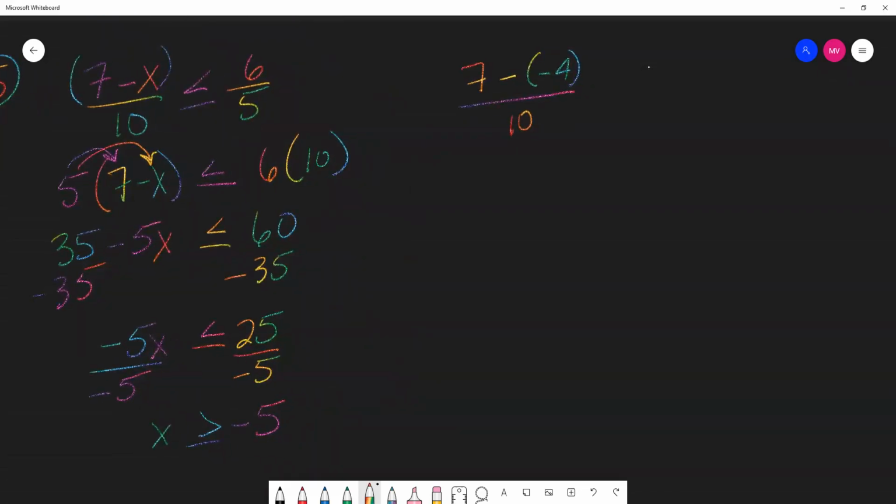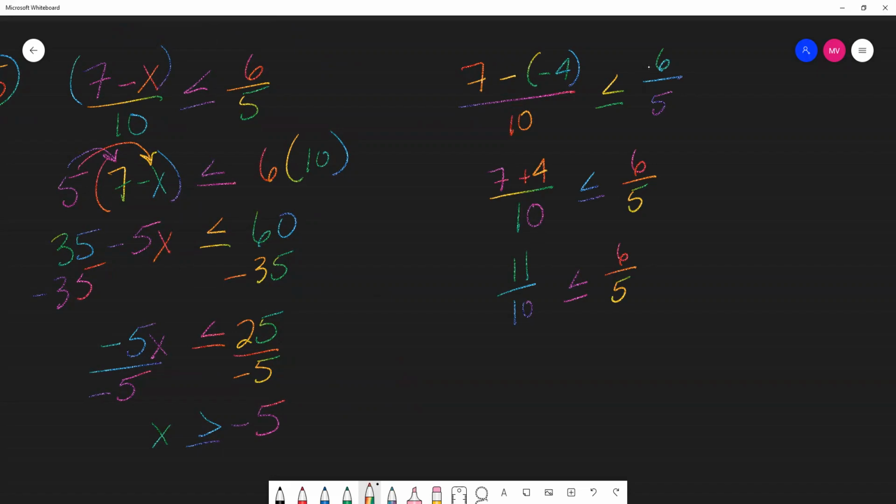I would probably pick something that makes it even, but that's all right, we can deal with fractions. So this is 7 plus 4, which is 11, over 10, is less than or equal to 6/5.